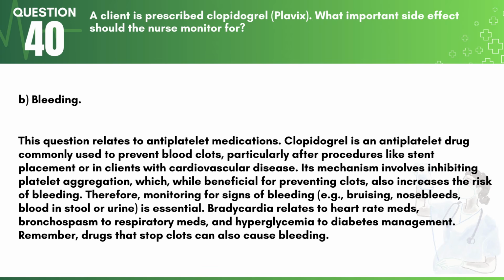Therefore, monitoring for signs of bleeding, e.g., bruising, nosebleeds, blood in stool or urine, is essential. Bradycardia relates to heart rate meds, bronchospasm to respiratory meds, and hyperglycemia to diabetes management. Remember, drugs that stop clots can also cause bleeding.